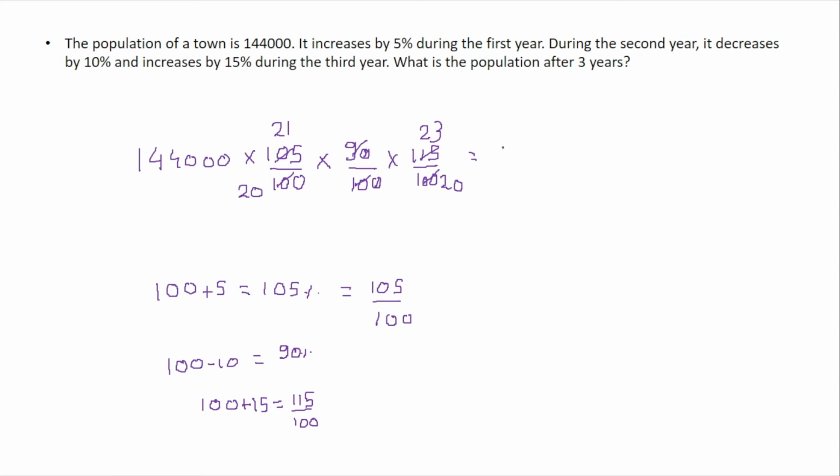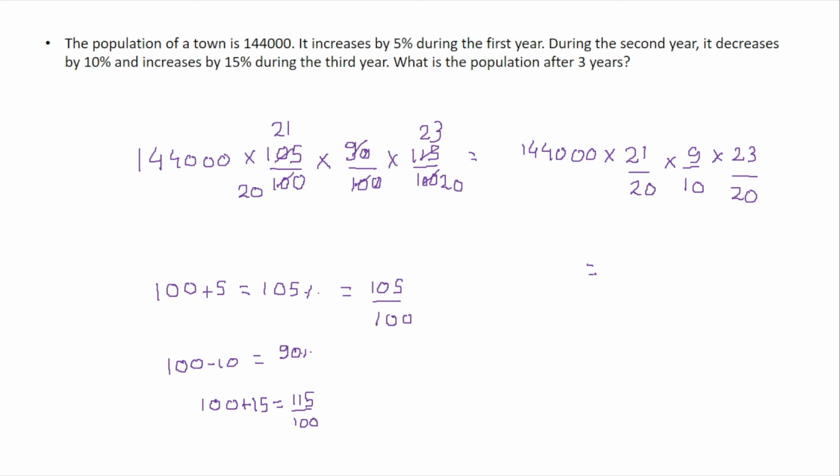So the total equation will now become, after cutting those numbers which can be cut, 21 by 20 into 9 by 10 into 23 by 20, right? So after applying this, you will come to know the population of the village after 3 years.